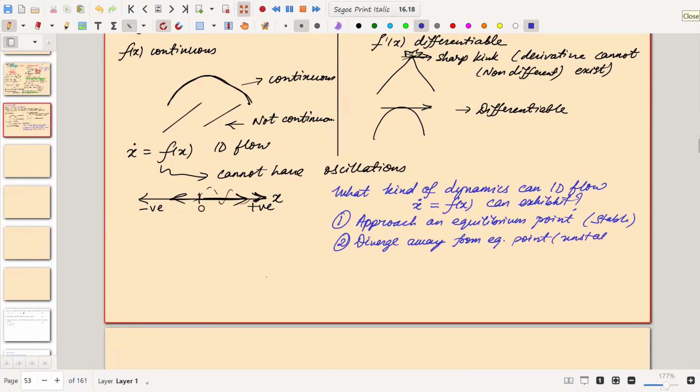Diverge means it will go to infinity. Third, what else can it do? Anything else would mean it is approaching an equilibrium point, the same case. So no other case is possible. It cannot oscillate. It cannot exhibit chaotic dynamics either. So these are the only two things a 1D flow can exhibit.